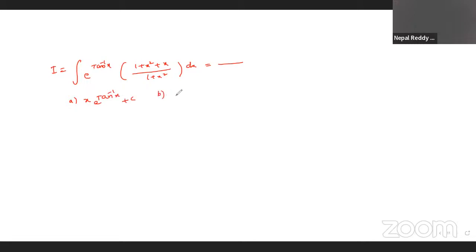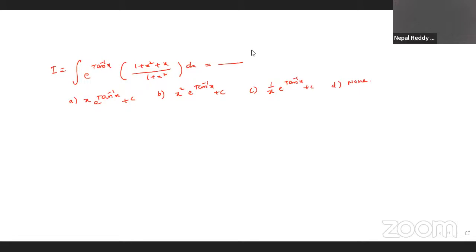Option B, x square into e power tan inverse of x plus c. Option C is given as 1 by x into e power tan inverse of x plus c, and option D is none of these.